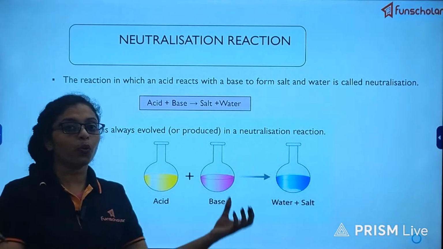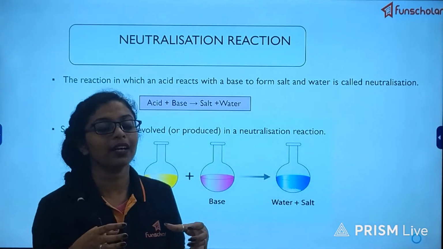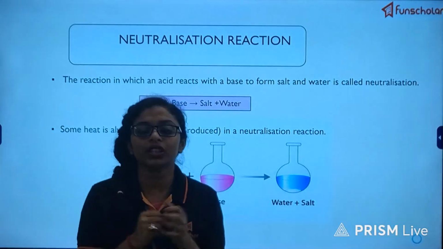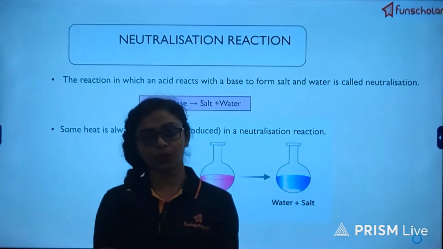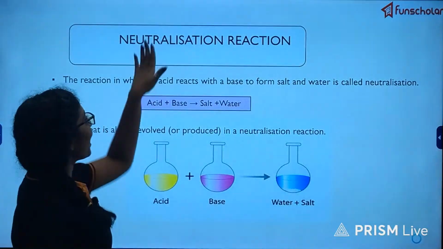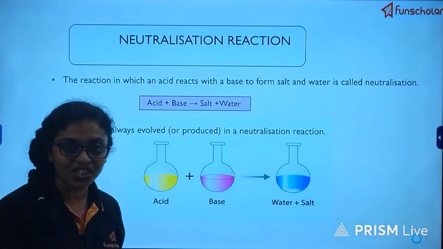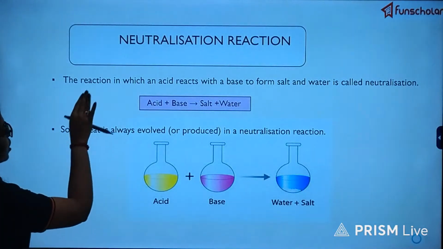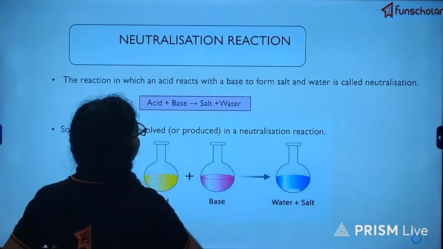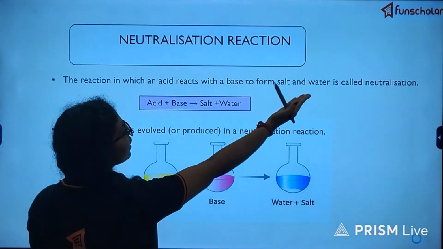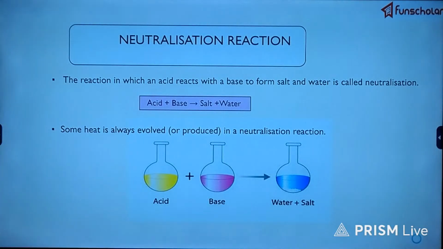So when they both are mixed together, they are actually cancelling each other out and becoming neutral. So that is why the reaction is called neutralization reaction. The reaction in which an acid reacts with a base to form salt and water is called neutralization reaction.